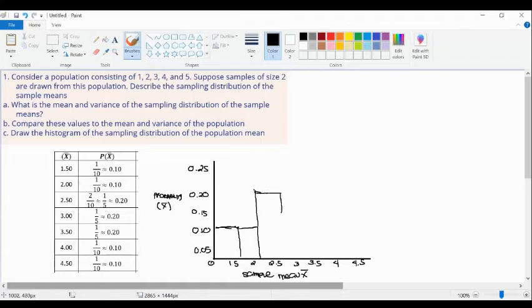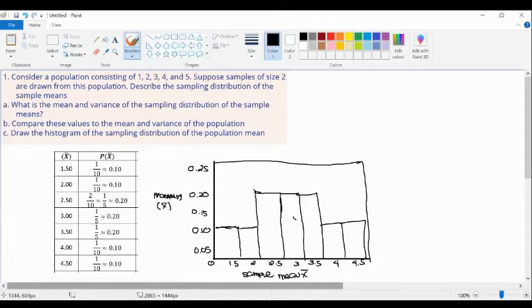Same with sample mean of 3, we also have 0.20, and the same with the 3.5. For the sample mean of 4, we have 0.10. Lastly, for 4.50, we have 0.10. So therefore, this is your histogram for the sampling distribution of the sample mean.